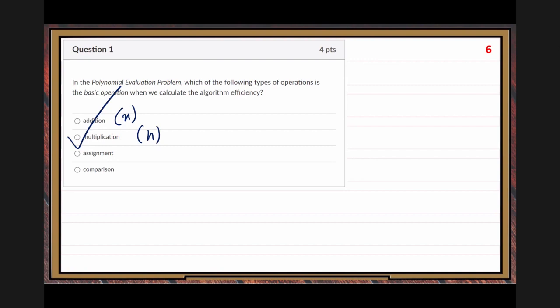Remember, I gave you approximately a 10 to 1 ratio, pretty close, not exactly. So if we apply Horner's rule, approximately 90% of the execution time we spend on multiplications, only 10% of the time on additions.